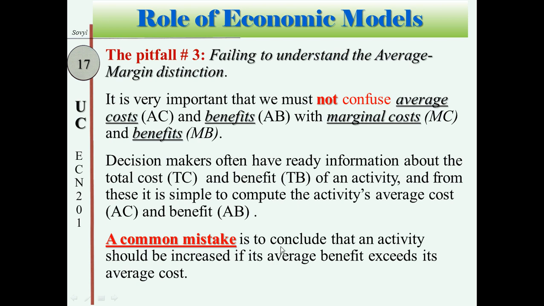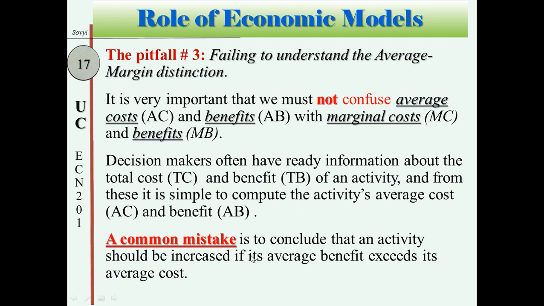A common mistake is to conclude that an activity should be increased if average benefit is bigger than average cost. This is not right. We don't have any principle or concept that compares average cost and average benefit from one action. Be careful with this one.